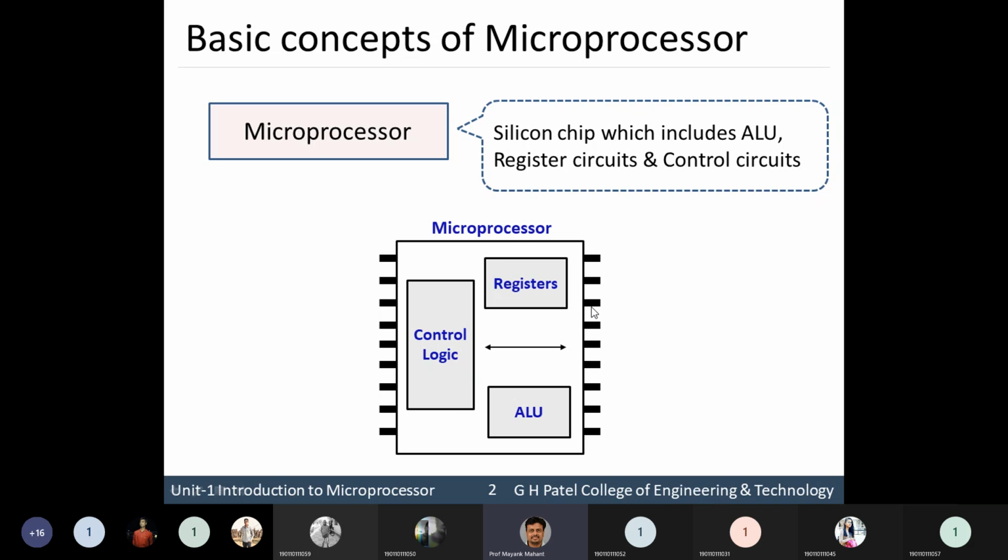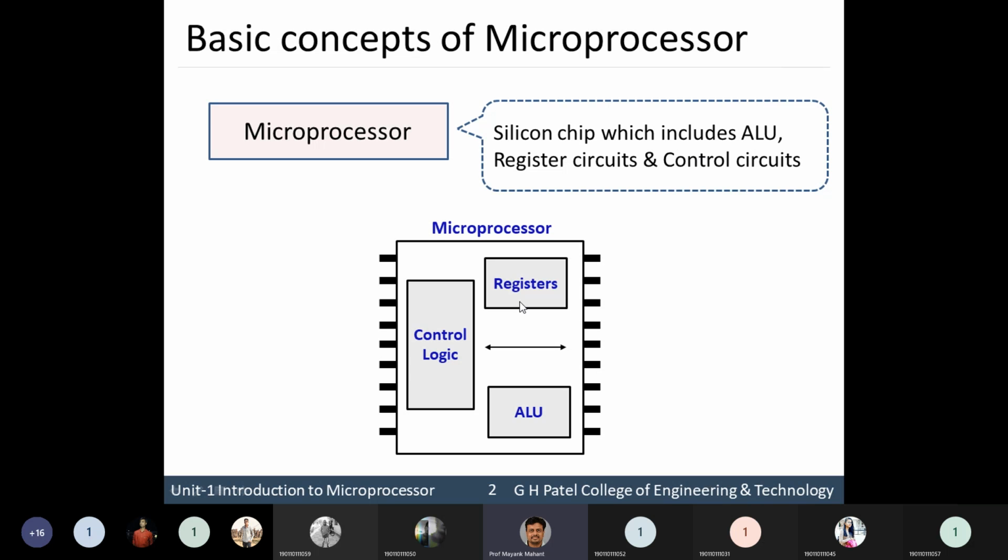Then there are pairs of registers: B and C, D and E, and H and L. So in all we have 7 registers. There is an array of 7 registers present in your microprocessor to store values temporarily, and you can perform arithmetic and logical operations on the data available in the registers.